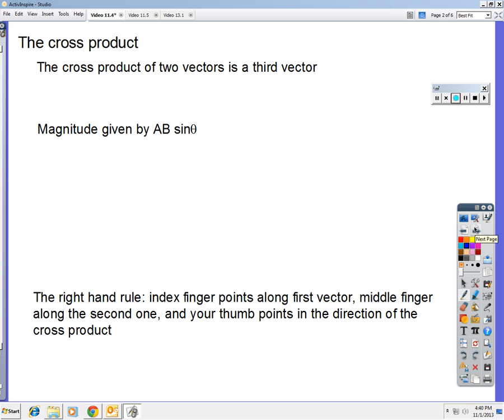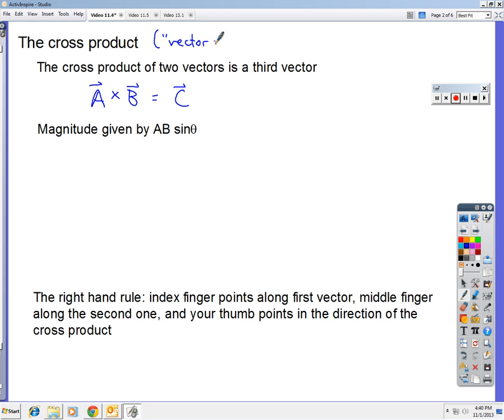Now we're going to learn about a mathematical construct that will help us here. It's something called the cross product. If we have A cross B, that's a way of multiplying vectors in such a way that you get a third vector. This is distinct from the dot product, where we multiply two vectors to get a scalar. Sometimes it'll be called the vector product.